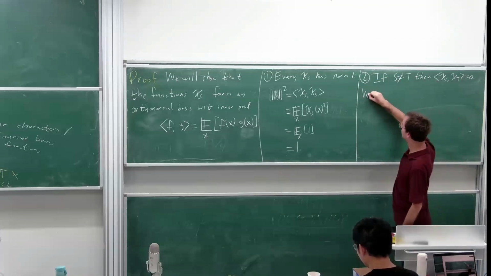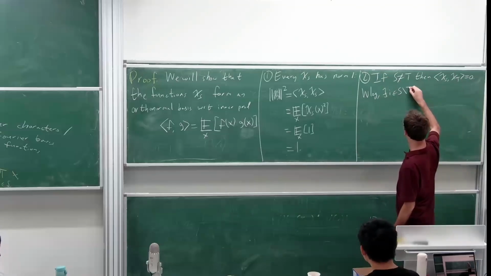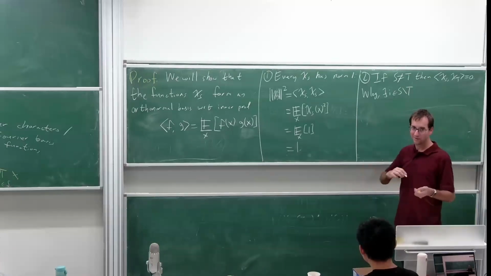Without loss of generality, there is some i which is in S and not in T. There could also be something which is in T and not in S, but it's the same.